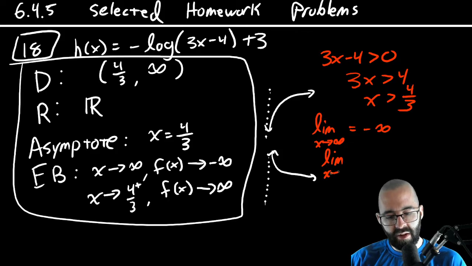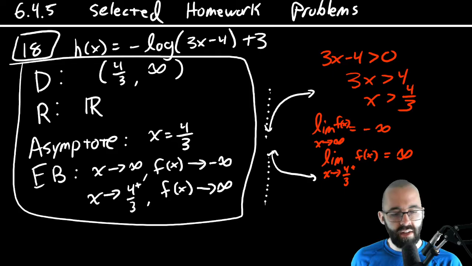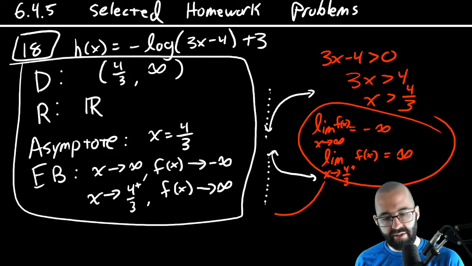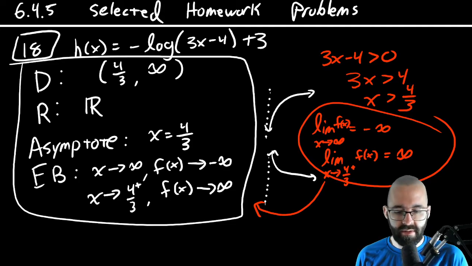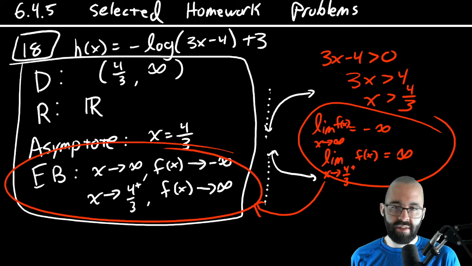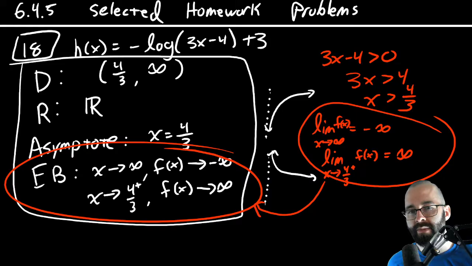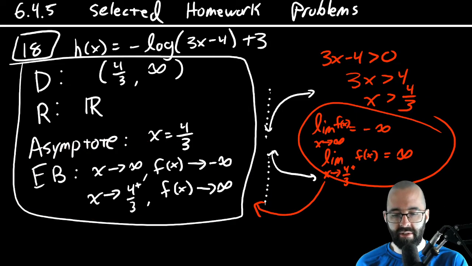And the limit as x goes to 4/3 from the right, oops, I forgot my f of x here, equals positive infinity. You could also use this for your end behavior. This is limit notation, which is used in calculus, or you can use arrow notation, which is more the standard thing for algebra.